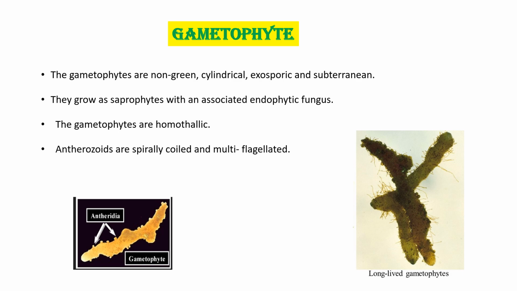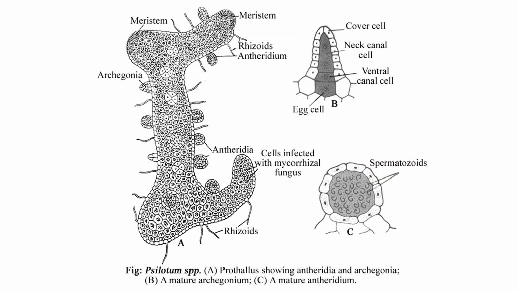These gametophytes are homothallic. That means both female and male gametes are present in the same plant. It produces antheridia and archegonia. In the archegonium, the neck is projected outward.